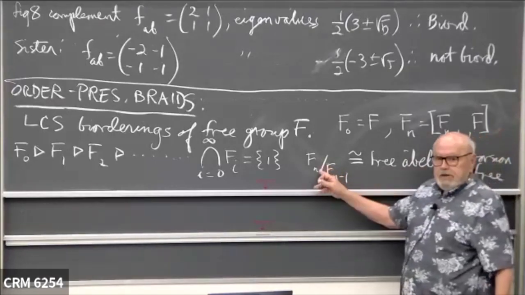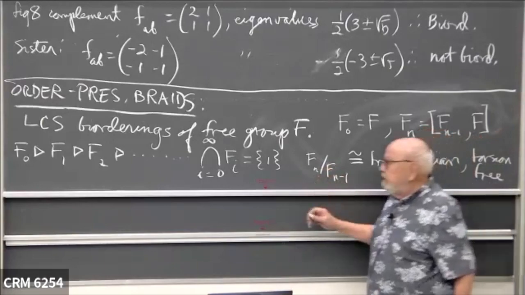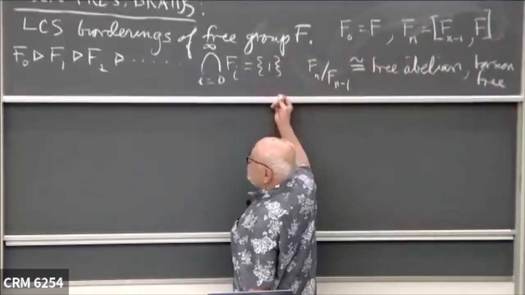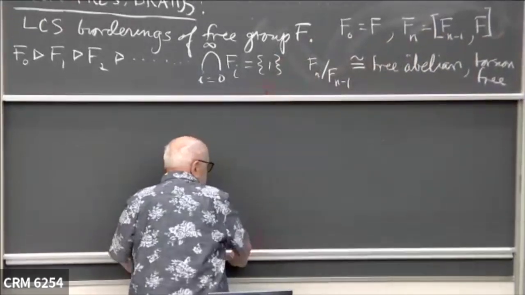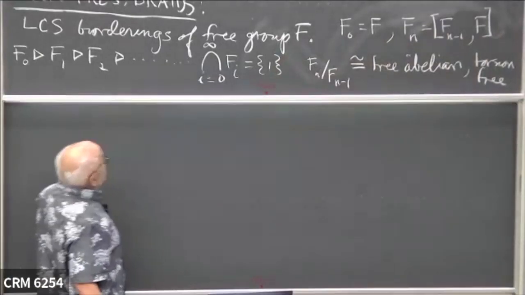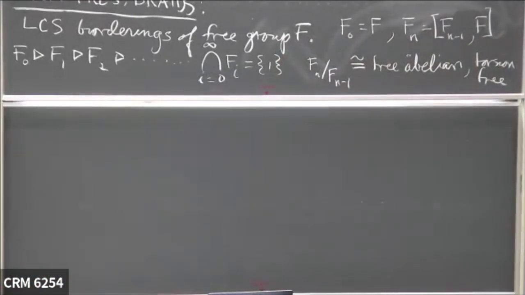So each of these can be given an ordering. If you choose a bi-order for each of these successive quotients, you can define the positive cone by looking at the sequence.